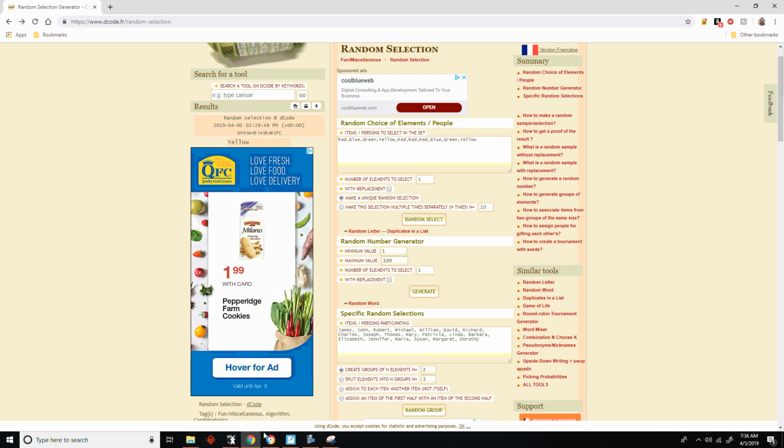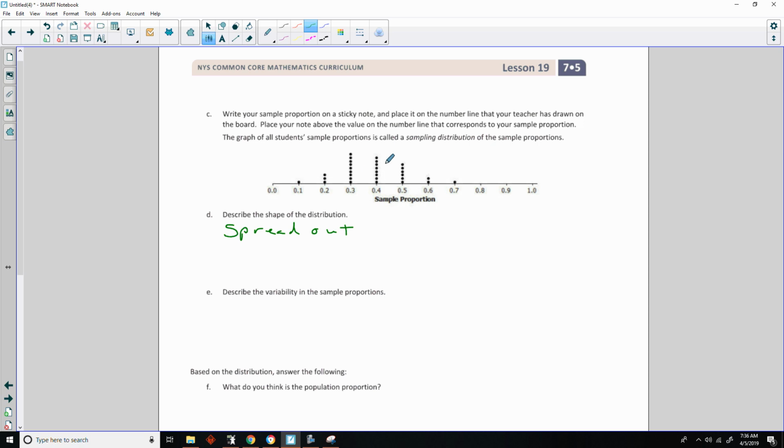So red would have a bigger probability of occurring, and it should have been around 40%. So in this case, if it came out like so, we should have values centered around the actual. And this is a bell-shaped curve, so the shape of the distribution is symmetrical, clustered around 0.4.